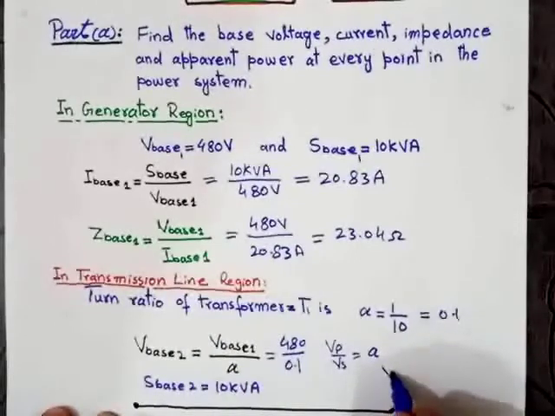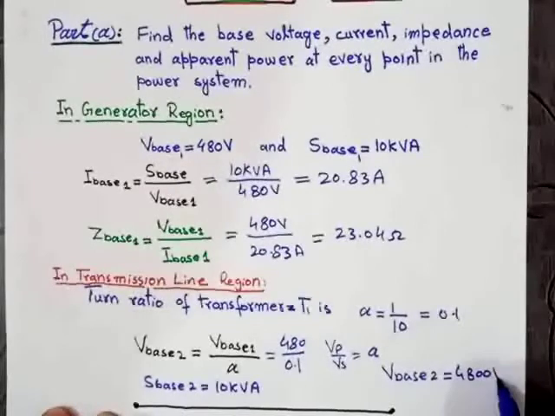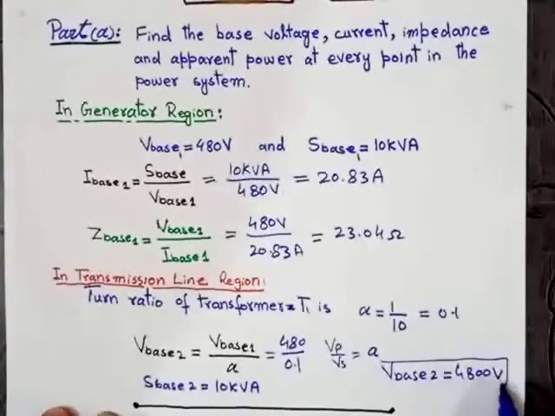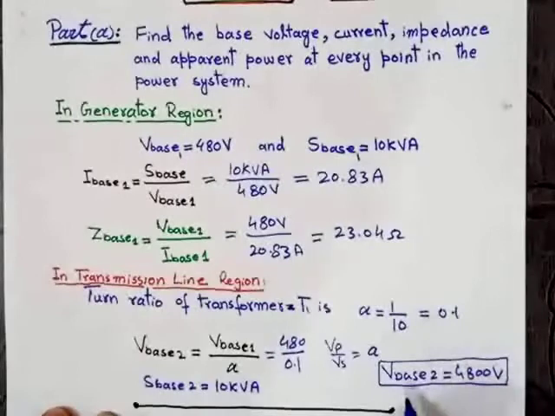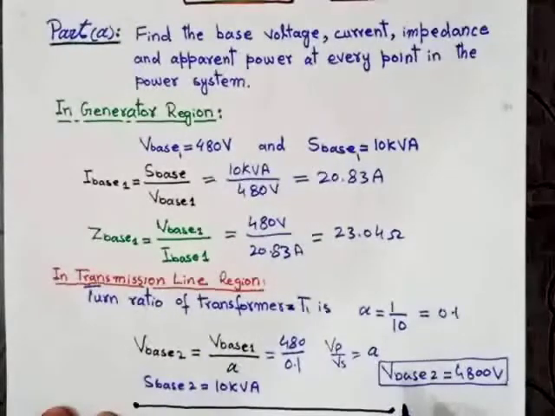The value of V base 2 is basically equal to 4800 volt. So this is the base value of the voltage at the transmission line or the secondary side of the transformer T1 in the given power system.